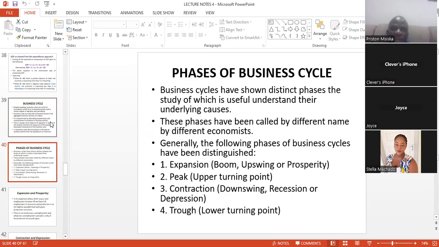So they have shown distinct phases where you can say, okay, these phases, and there are even attempts to give them names, these phases which the businesses are going through. So for a business itself, you have a phase where you are starting up and picking up.